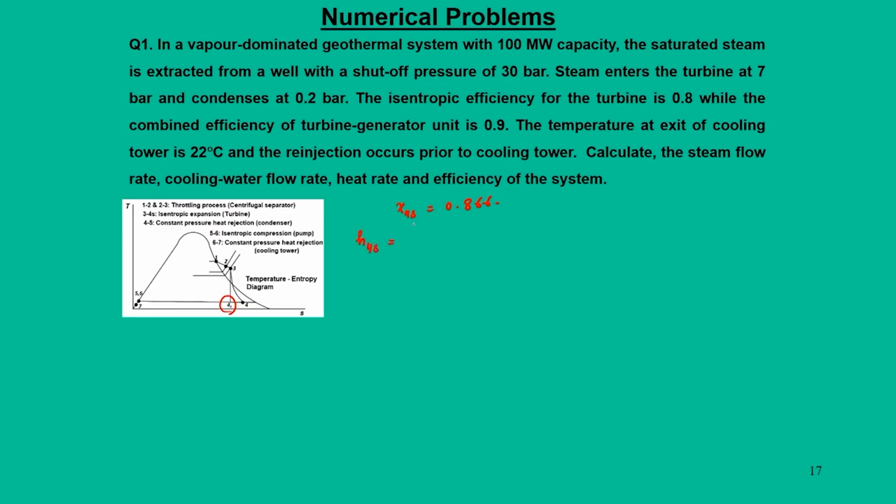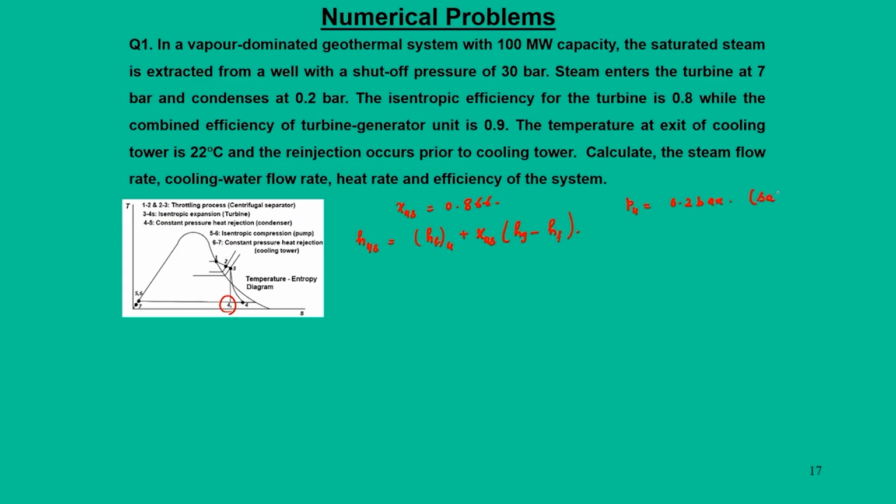Once we know this, we can find out h4s = hf at state 4 + x4s (hg − hf). The condition we have is P4 = 0.2 bar.